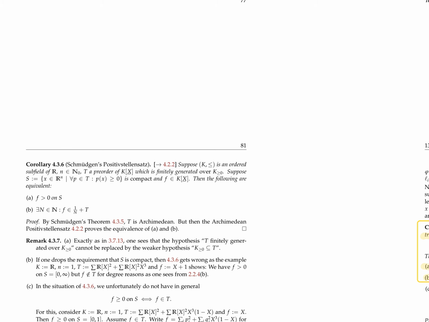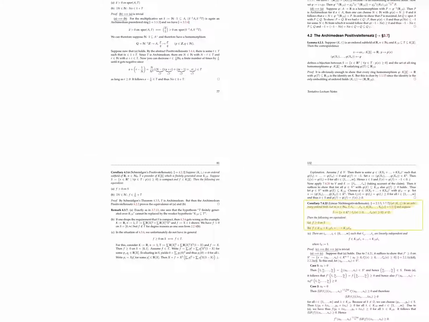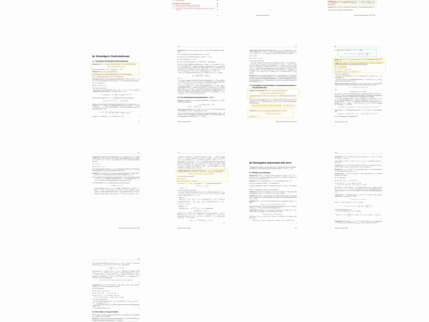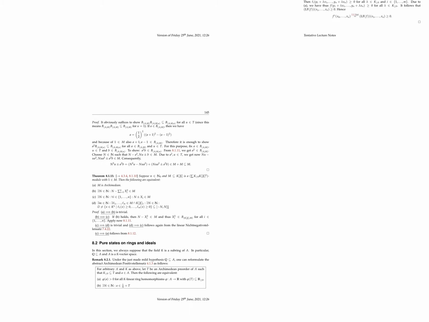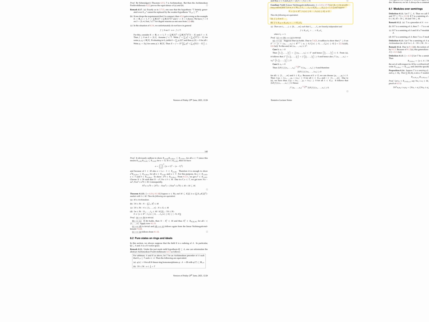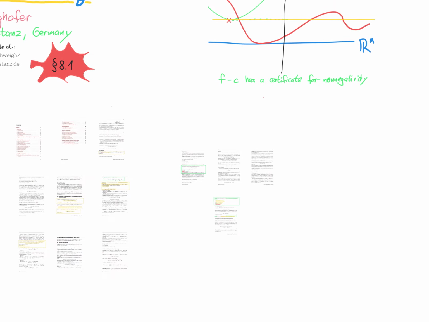Looking for certificates of non-negativity that don't involve denominators or multipliers is very well motivated, and that's what we are going to do. One idea is to use the things which we have learned on convexity.